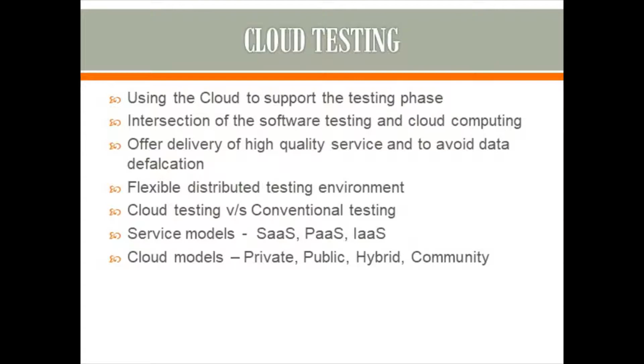The hybrid model is a mix of all these models together. And the community model is made for a specific purpose, like a mission, policy, or some security requirements. So these are the types of cloud that are available, and as per our own requirement, we can choose which cloud is accessible to us.